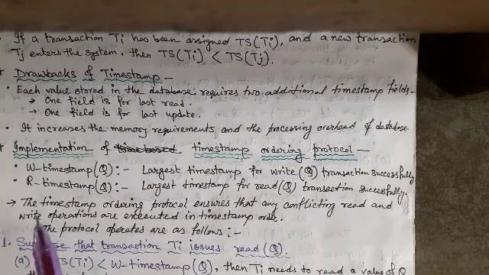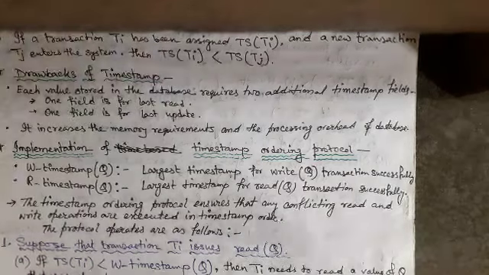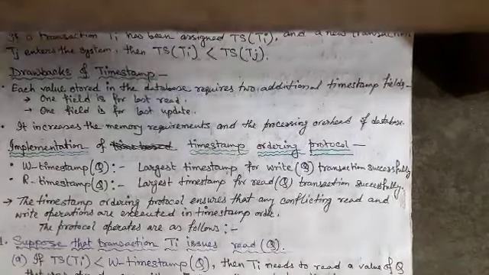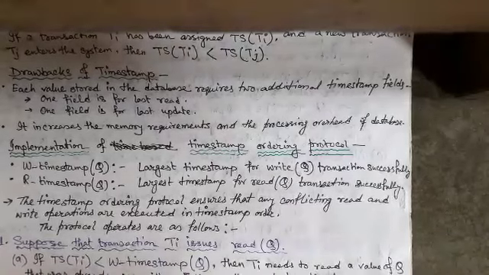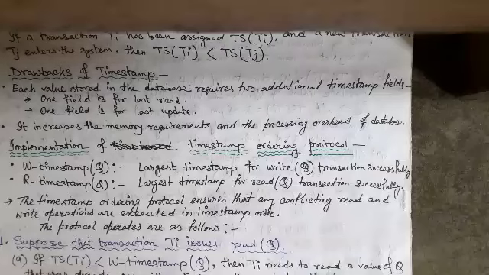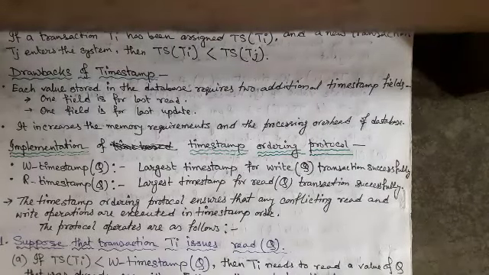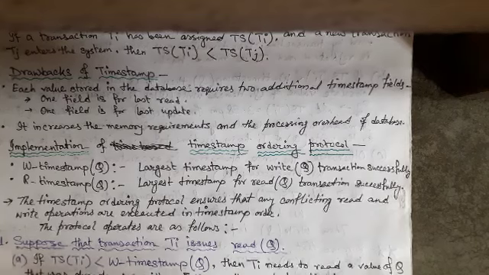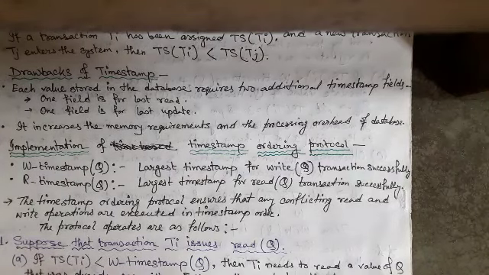W-timestamp of Q is the largest timestamp of any transaction that executed write Q successfully. Similarly, R-timestamp of Q means the largest timestamp of any transaction that executed read Q successfully.